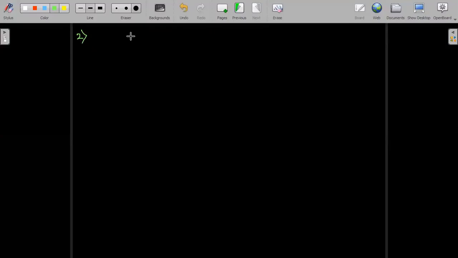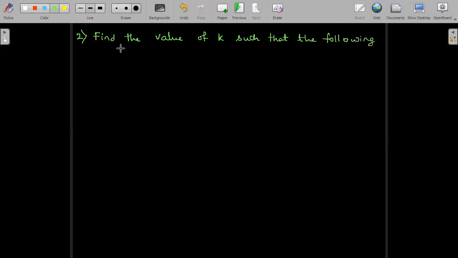Find the value of K such that the following distribution represents a finite probability distribution. Finite means discrete.